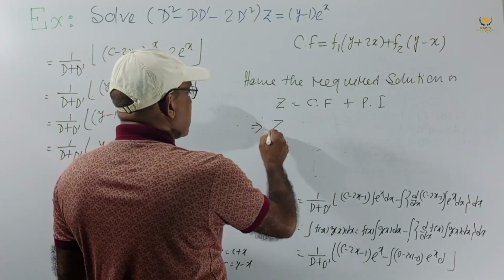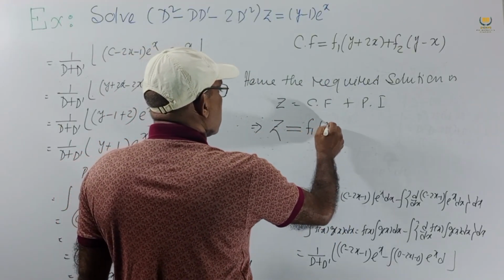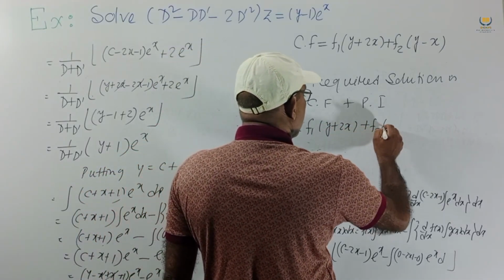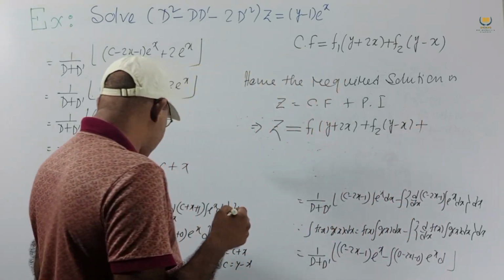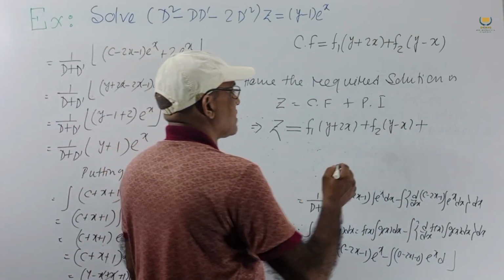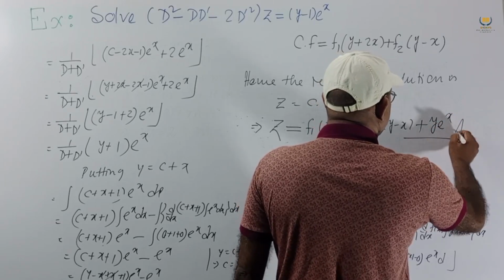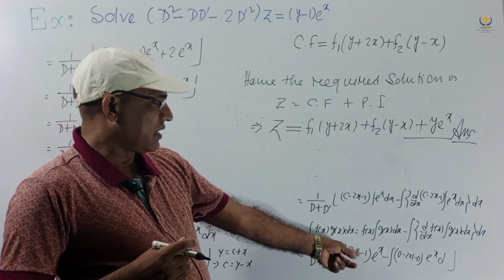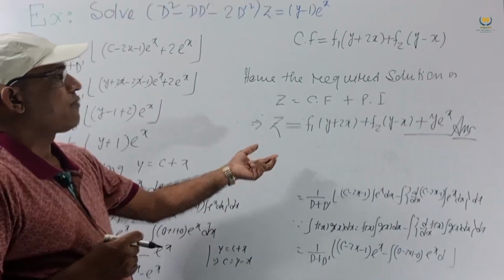This implies z equal to CF means f1 of y plus twice x, f2 of y minus x, and PI means y e to the power x, and this is our final answer. Very easy solution, but initially I made a mistake here, ultimately this will be correct, and this is the final answer of the given problem.